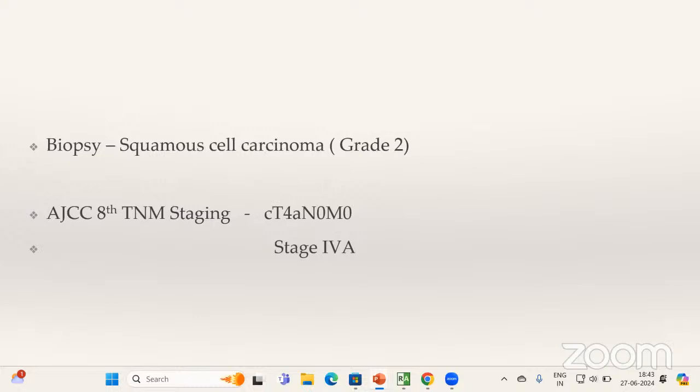Sir, in sinonasal undifferentiated cancer, the metastatic presentation is around 20 to 25 to 30% of patients present with metastasis, sir. Okay. So then I'll go with PET scan if it is sinonasal malignant melanoma or SNUC or neuroendocrine cancer, sir, high grade.